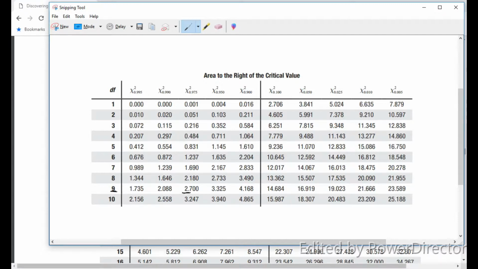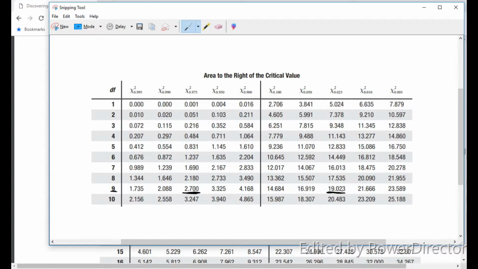We got what? 2.700. And then let's look at the one that's under the 0.025. And notice they're both positive numbers. Okay, they're not like the z-scores. They're not one of them's negative and one of them's positive.